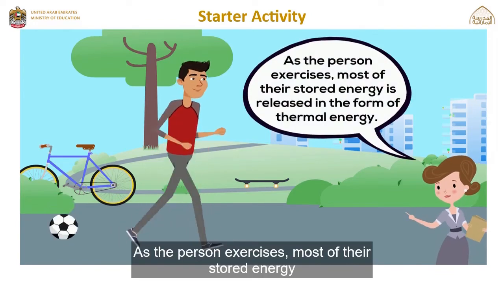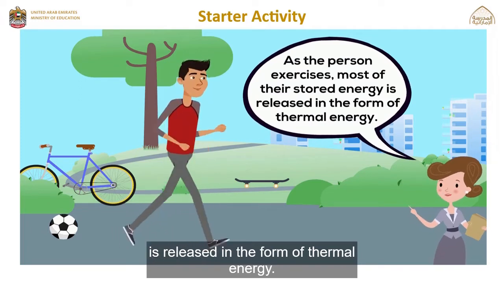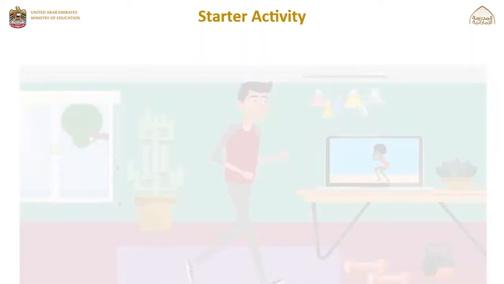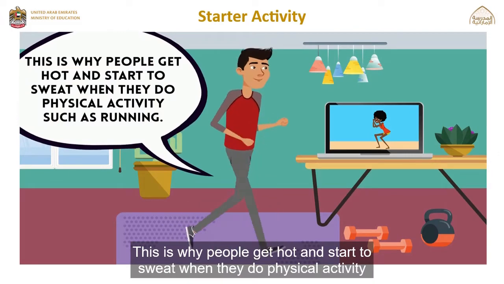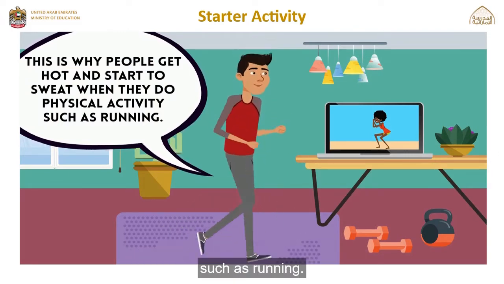As the person exercises, most of their stored energy is released in the form of thermal energy. This is why people get hot and start to sweat when they do physical activity, such as running.